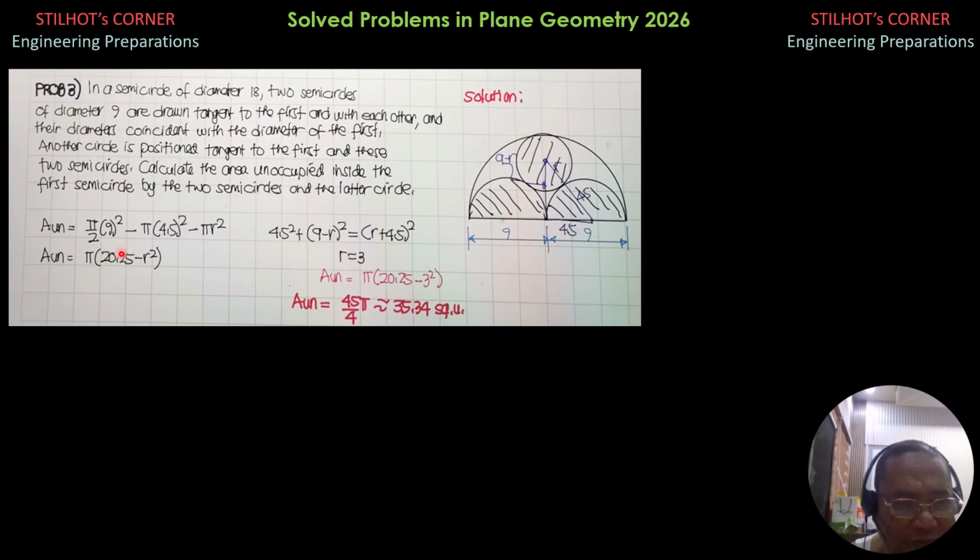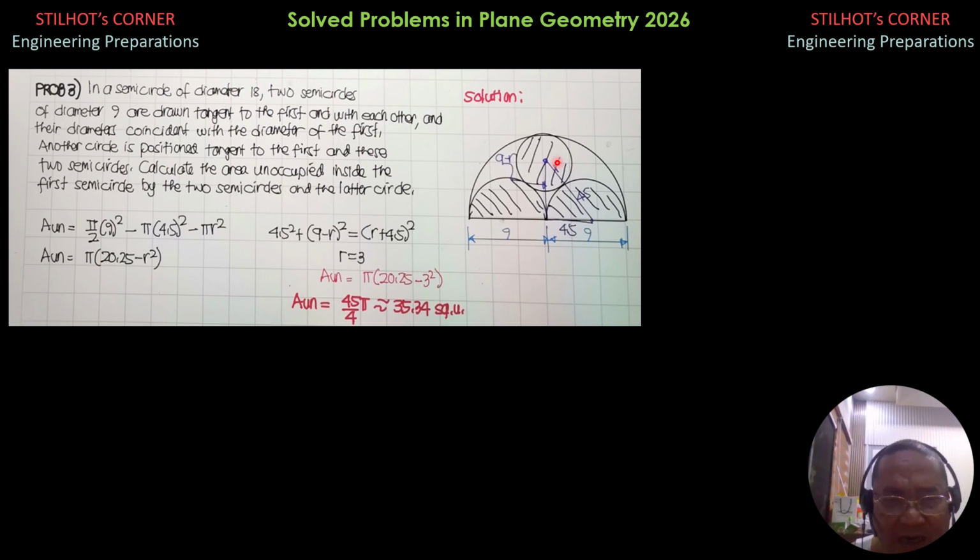Pi over 2 times 9 square for the big first semicircle minus pi times 4.5 square for these two semicircles. It becomes a circle, then minus this circle here, pi r square. So simplifying, that's pi quantity 20.25 minus r square.